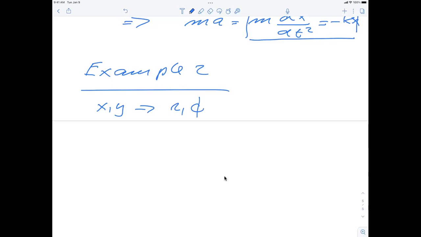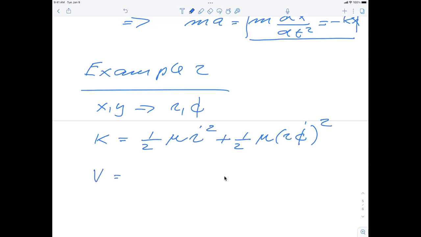The kinetic energy in these coordinates is now given by the radial velocity, which we wrote like an r dot, plus a term which is given by the angular velocity. So it had r times the angular velocity, which is this derivative of phi with respect to time. And then what we also had is a potential energy, which was simply minus alpha divided by r.